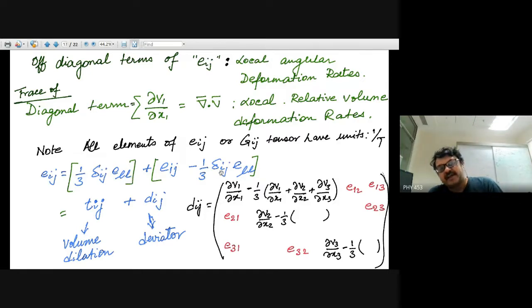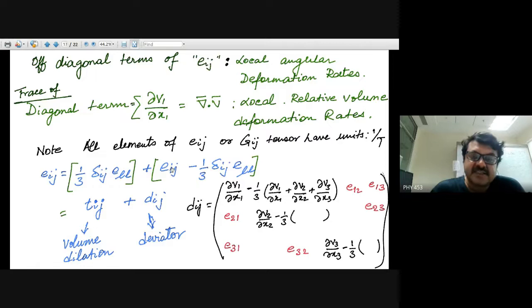And you have subtracted out this same term, and now this term, which you represent by Tij, is a measure of volume dilatation, whereas this term is completely off diagonal, the off diagonal part of the symmetric matrix.